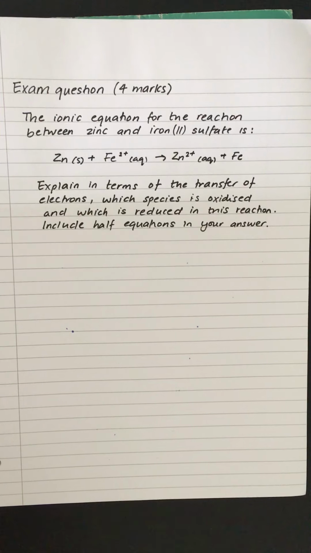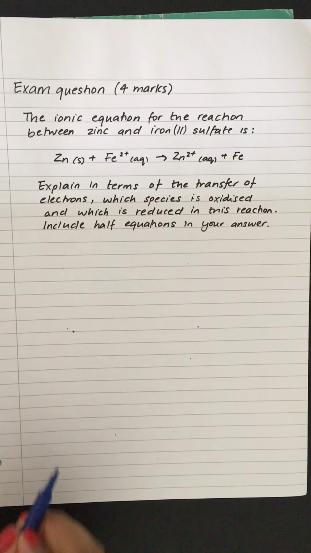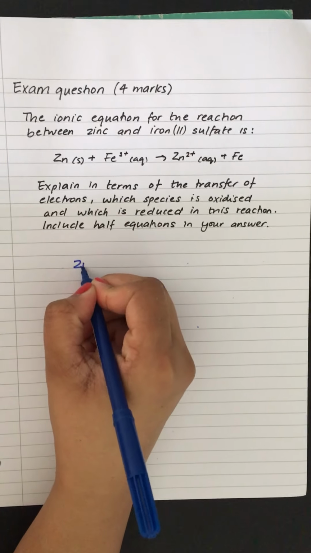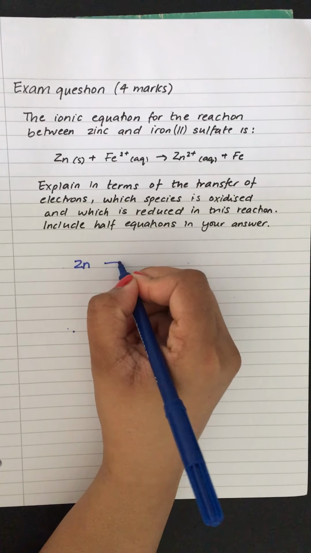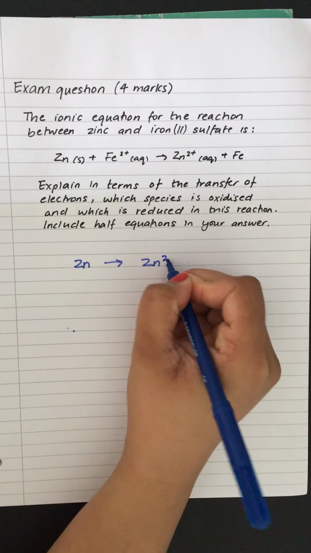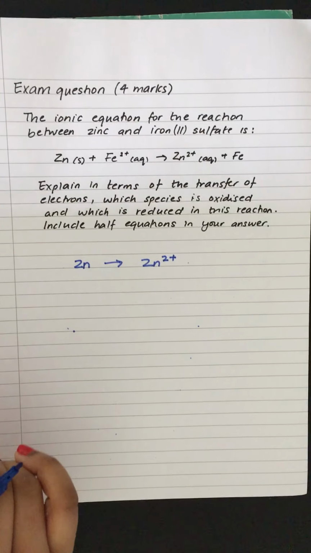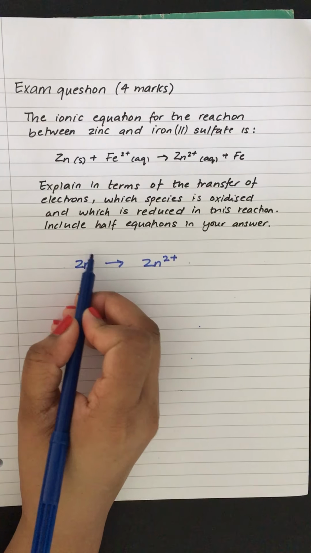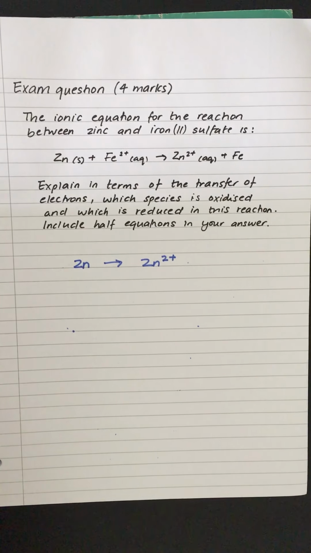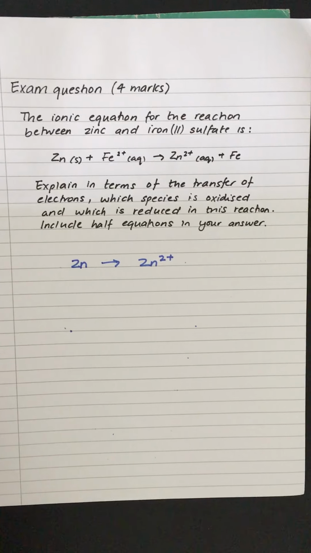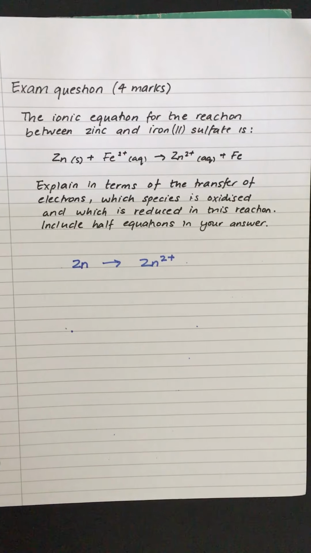Okay, right, let's start with zinc. So zinc has become Zn2+. We're going to think, how did it do that? So here, if it helps, picture the ion, like the dot and cross diagram, the diagrams that we're used to drawing to show charges with the square brackets, electrons in the outer shell.